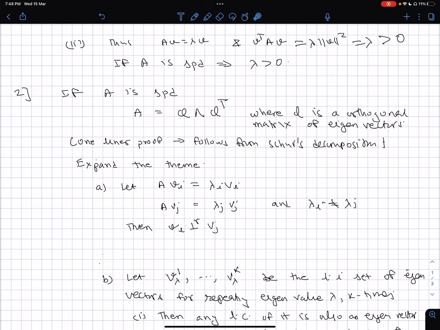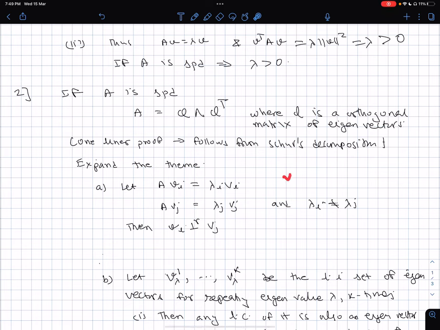So let me first show that if the two eigenvalues are not equal, then the corresponding eigenvectors have to be orthogonal, perpendicular to each other. Let's take lambda i, vi as an eigenvalue-eigenvector pair. So I get A vi equal to lambda i vi, and for another eigenvalue lambda j and the corresponding eigenvector vj, I get A vj equal to lambda j vj.